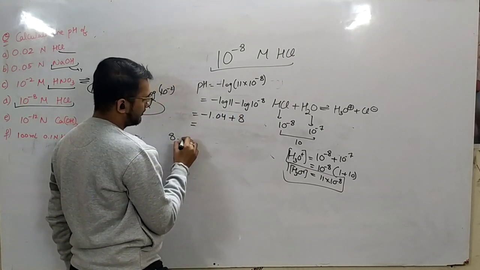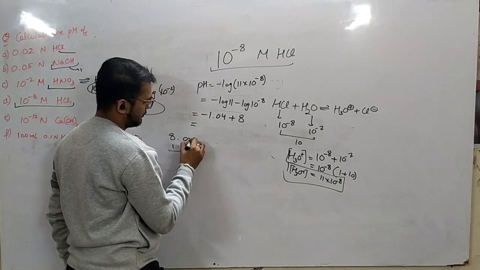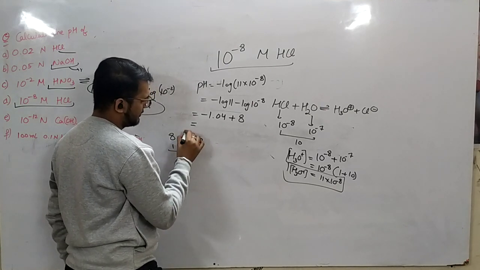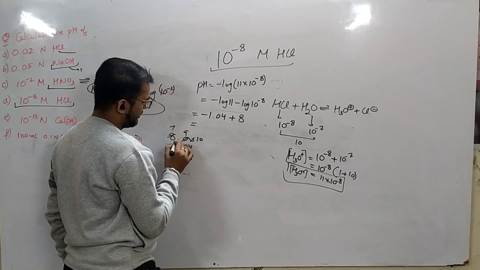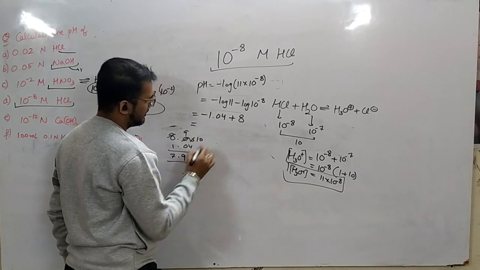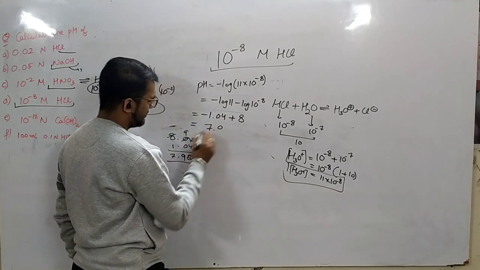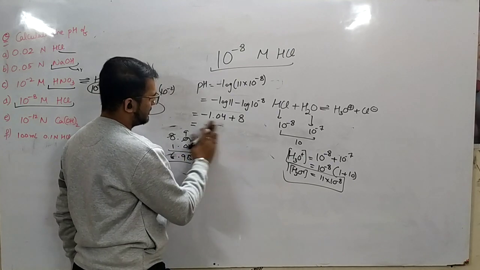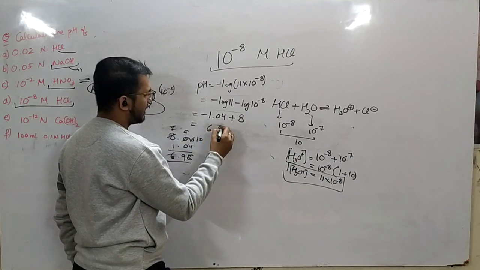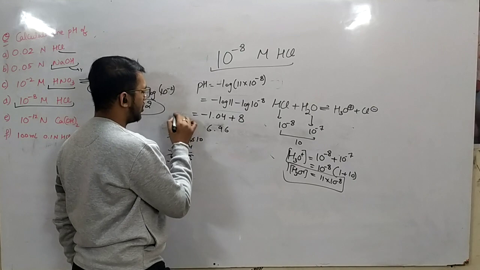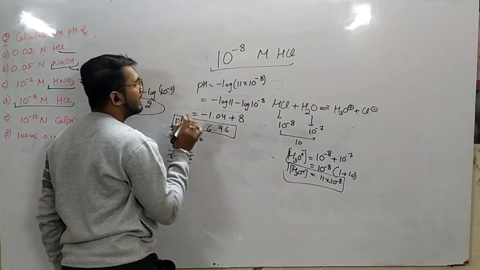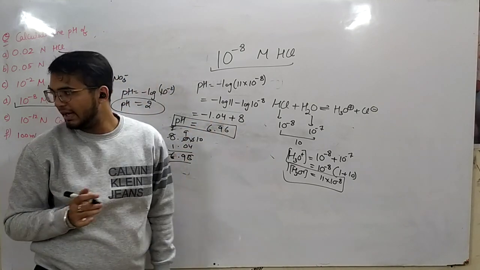It comes out to be 6.96. So the pH of 10 to the power minus 8 HCl is 6.96.